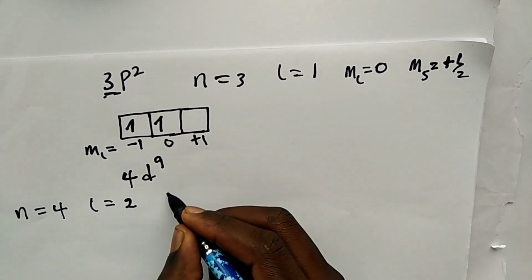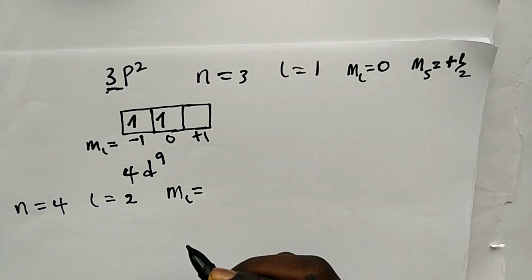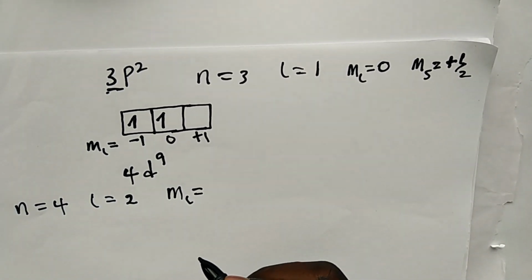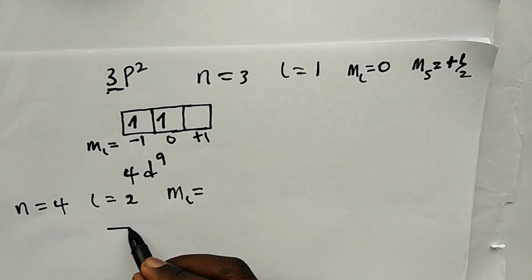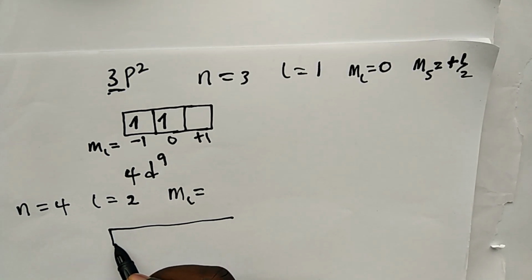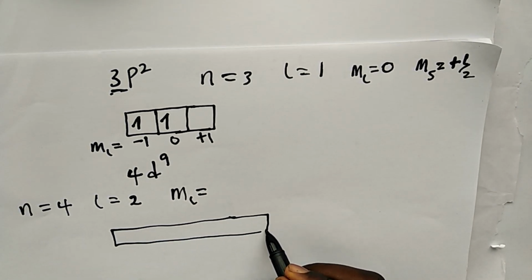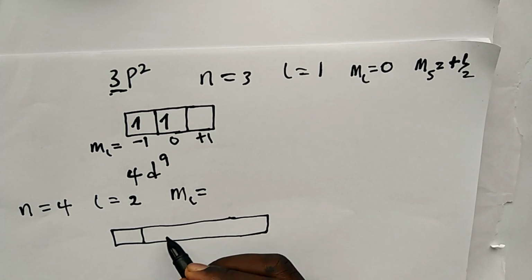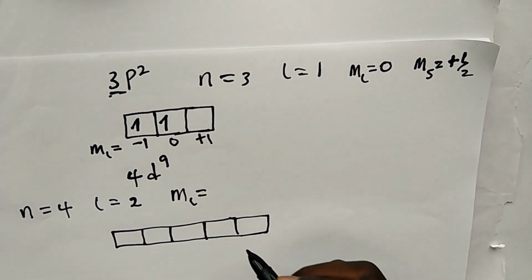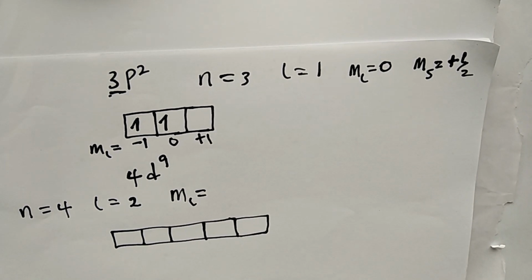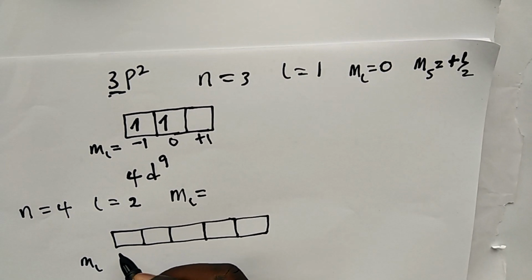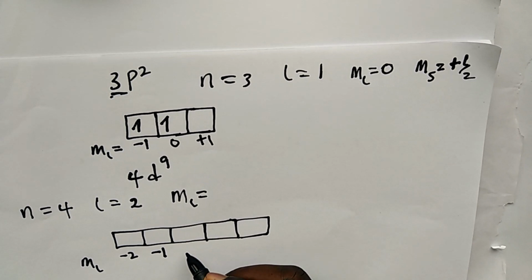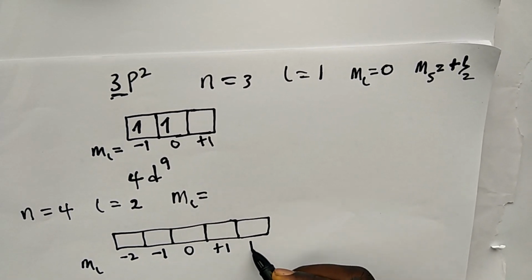Now for Ml, our magnetic quantum number, we'll draw the orbital diagram again. D has 5 degenerates, so we have 1, 2, 3, 4, and 5. Now Ml, for D, L is 2, so it's going to be minus 2, minus 1, 0, plus 1, plus 2.